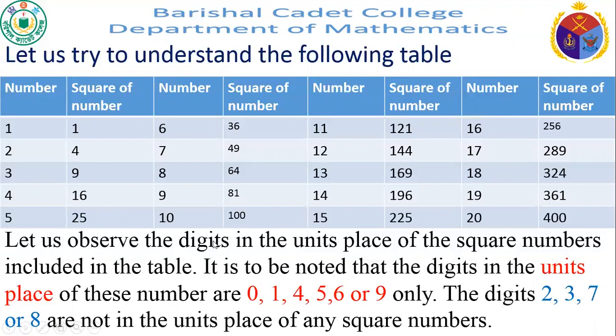I am repeating again, if a number is a square number, then its unit place will be 0, 1, 4, 5, 6 or 9. If a number is not a perfect square number, then the unit place may be 2, 3, 7 or 8. Clear, boys?